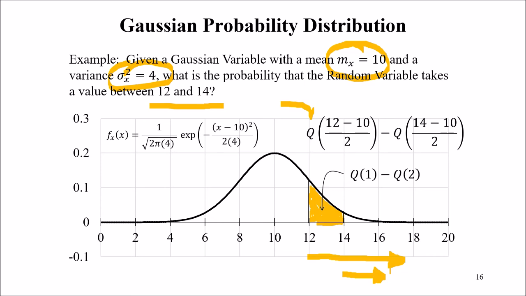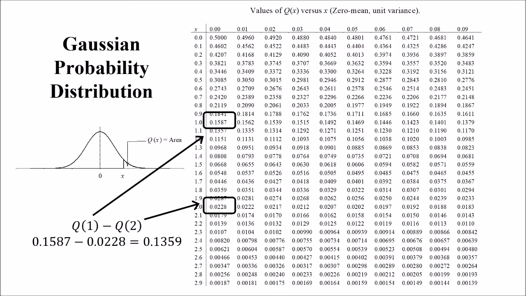So (12 minus 10) over 2 would give us Q of 1, minus Q of (14 minus 10) over 2, which would be Q of 2, and we can look those two values up in the table. So Q of 1 minus Q of 2: Q of 1 is 0.1587, Q of 2 is 0.0228, and subtract one from the other, and we get the probability that the random variable lies in the range we were looking at is 0.1359.